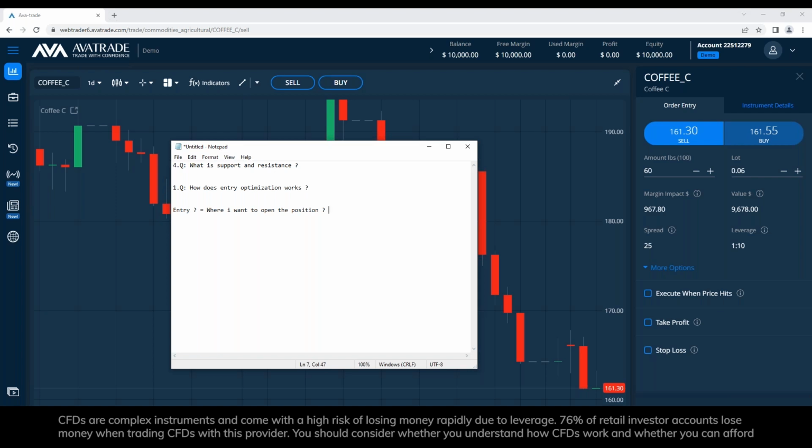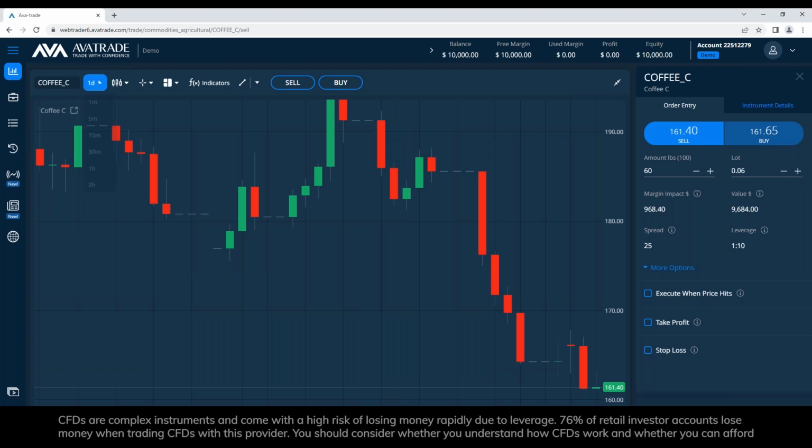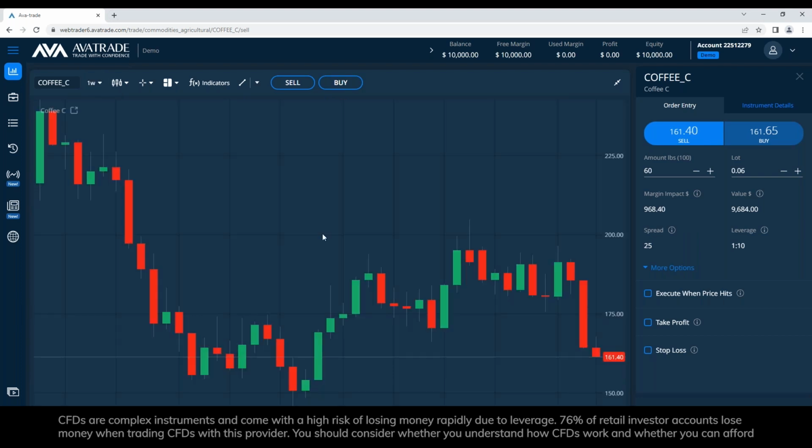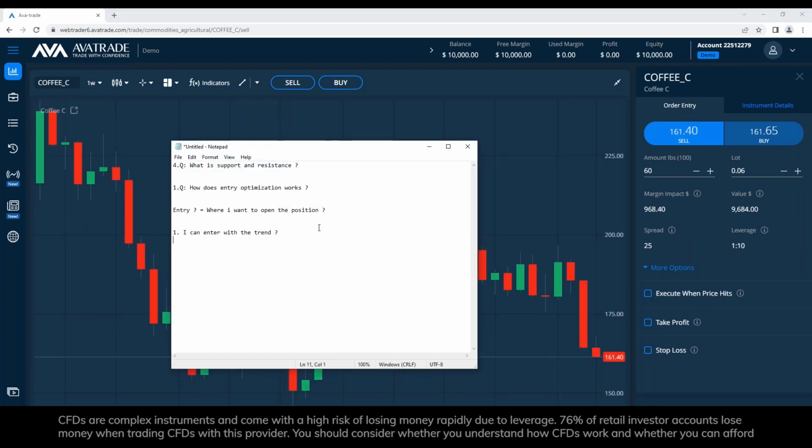When I'm trading, I can trade with the trend. Let me help you out here. I can enter with the trend. So if it's going down now, let me switch to 2 weeks, I can trade with the trend.